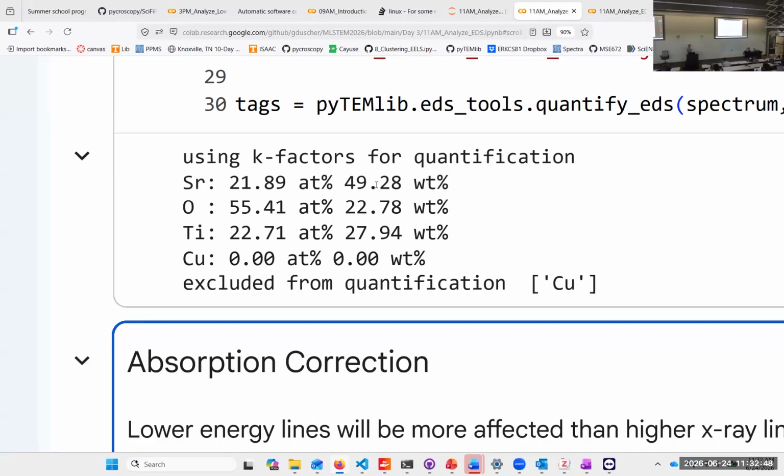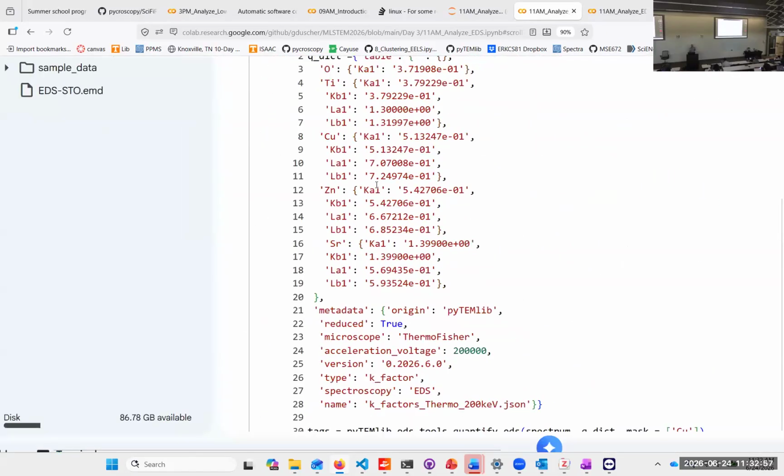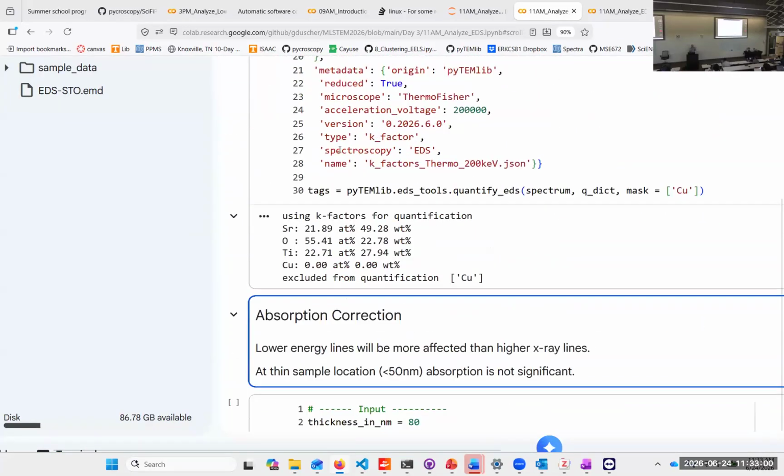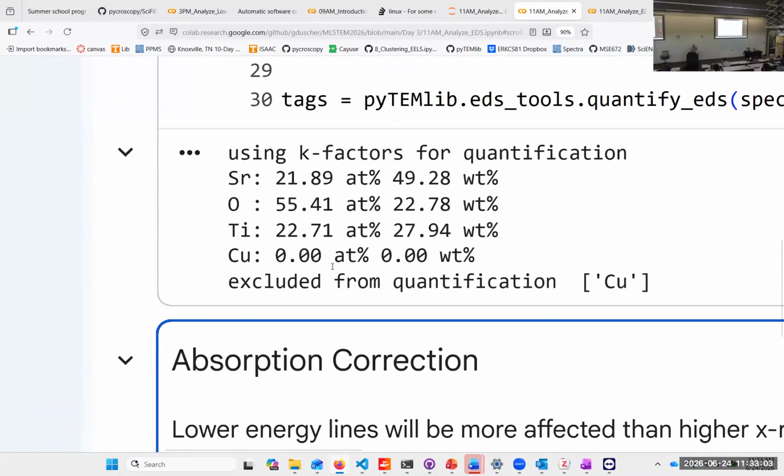And so what I do now is I convolute this spectrum with whatever I had in this quantification. So I say, okay, I have that many titaniums, that many oxygens, and strontium, and they act for me like a window, because they are in front, between the source of the photon generation and my detector. And so I convolute that on top of the whole spectrum.